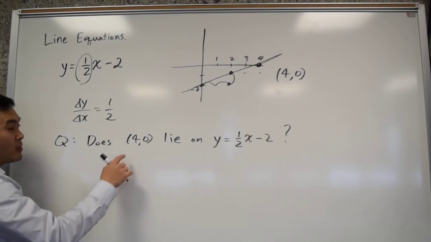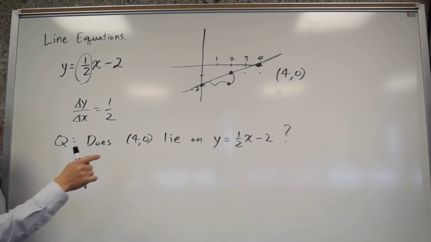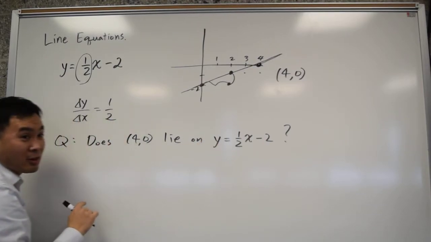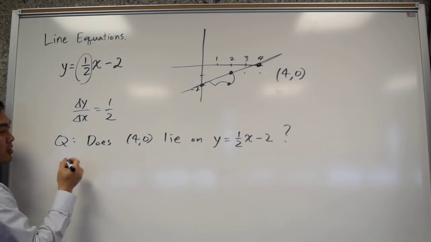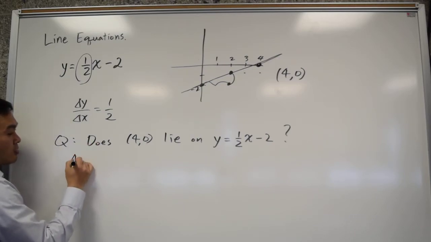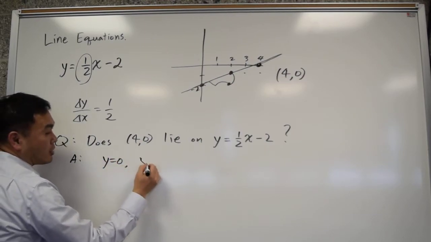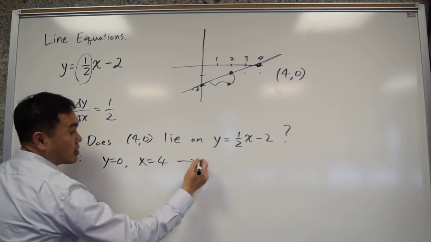You just see if x equal to 4 and y equal to 0 satisfies the linear equation. Okay, you just plug into the equation and see if it works. Okay, so let's do that. Answer: we plug in y equal to 0 and x equals 4 because this is x comma y, and then plug it into this equation.